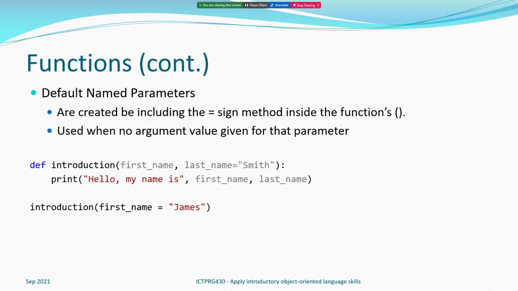And if you have defaults defined in the function, so here we have last name equals Smith, so that's a default that's been defined in the parameters statement of the function. That means we can miss that parameter when we invoke it.